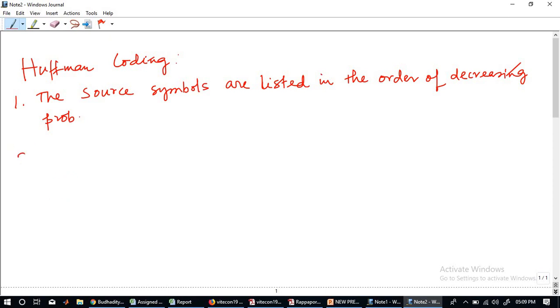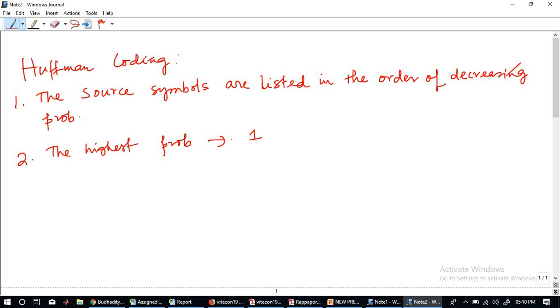Second, the highest probability is always denoted as 1.